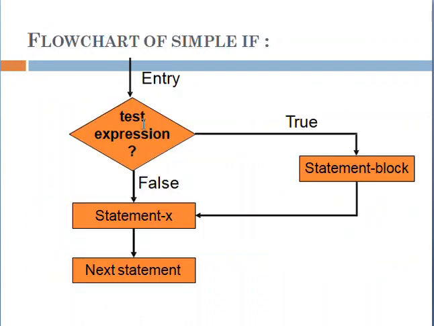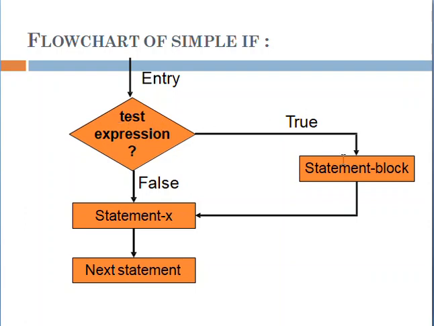This is the flow chart of the simple if statement. Here is entry, and here we declare our test expression, whatever it could be: whether the number is negative or positive, even or odd, or whether February is a leap year or not.